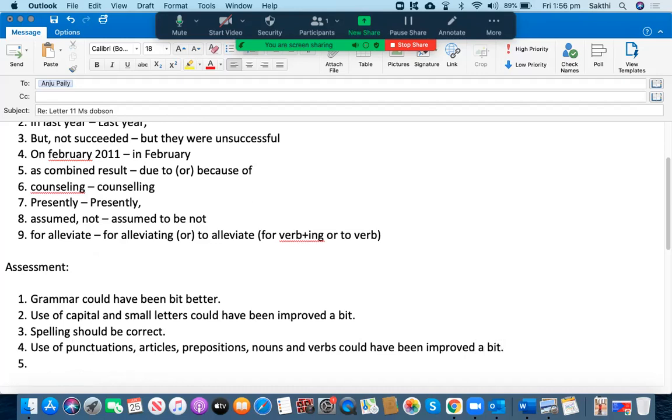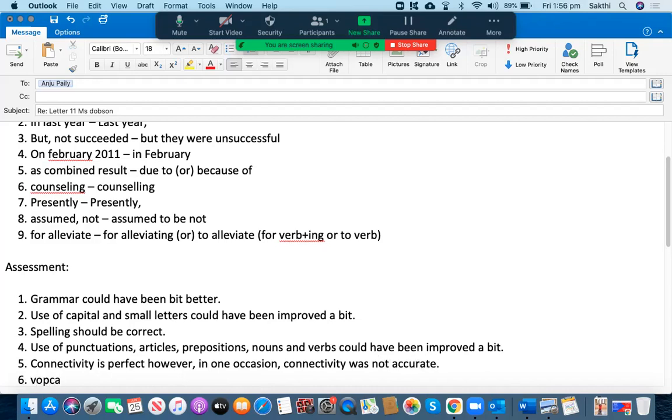All right, it could have been improved a bit. Connectivity is perfect. However, when you have to write down this compound effect, okay, so as combined result of, that's not correct. You have to say due to or because of. So in this case, however, on one occasion, connectivity wasn't accurate. All right, that's another issue.